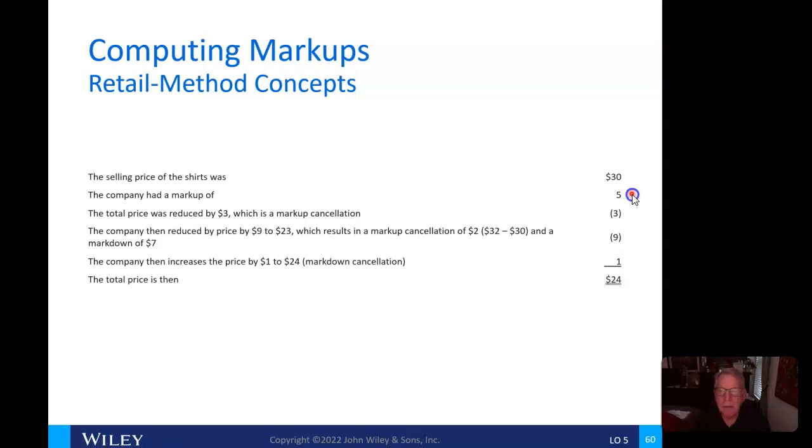We added a markup of $5, backed out the reduction of $3, and then the company reduced the price by $9, down to $23, and then back up to $24, right? And so the price at the end then was $24.